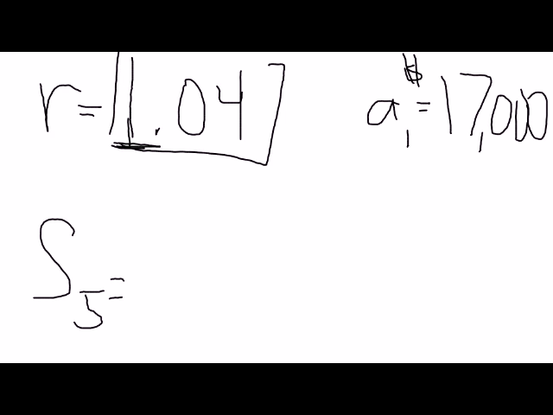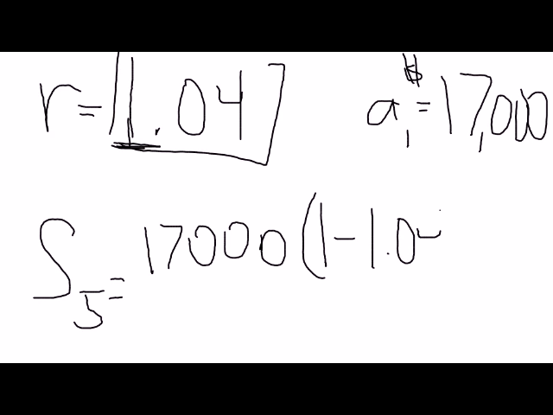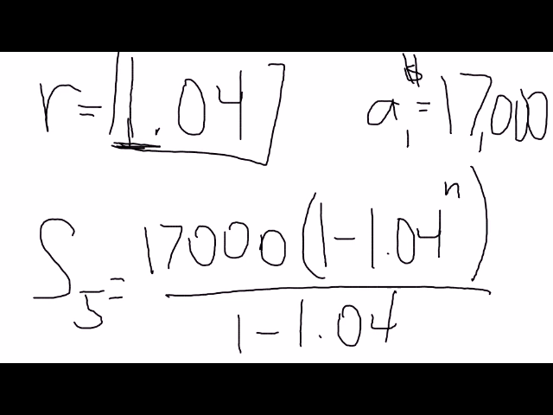Well, what's that? It's a sub 1, which is 17,000, times 1 minus 1.04 to the n, all over 1 minus 1.04. Now instead of n, we don't need n, we need a 5.